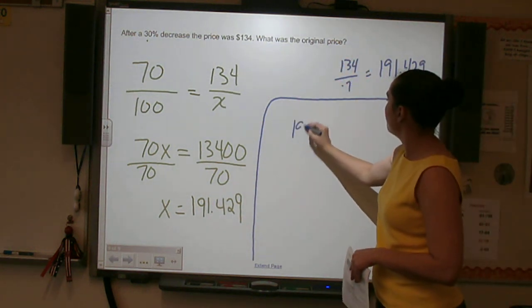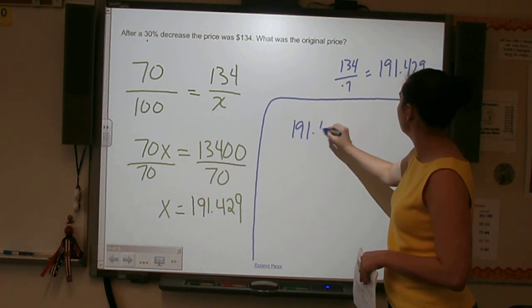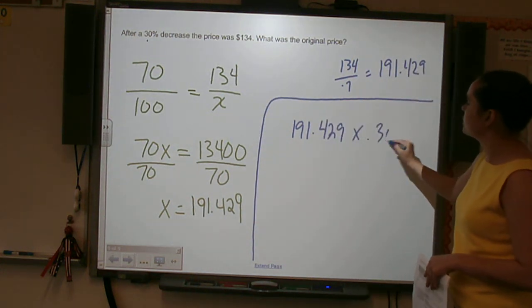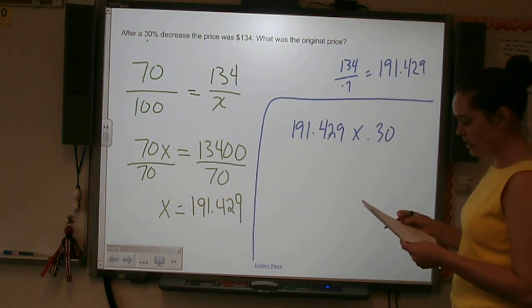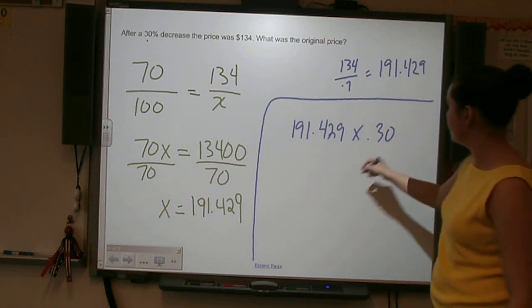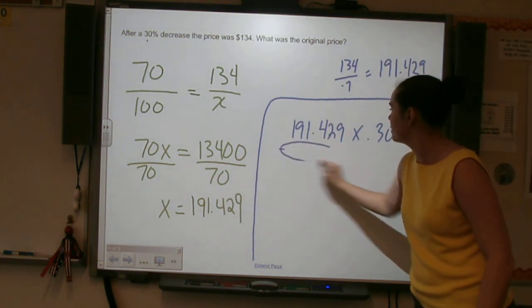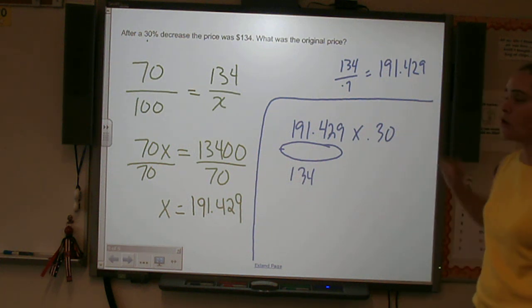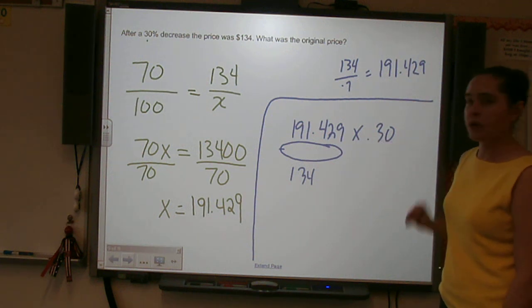So then you can say, well, if my original price was $191.429, then what's 30% of that? We would subtract it from this number, and we would get 134. Okay, so you can try this on your own to make sure that 134 is after a 30% discount.